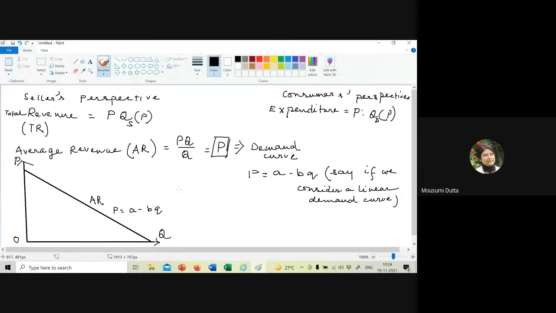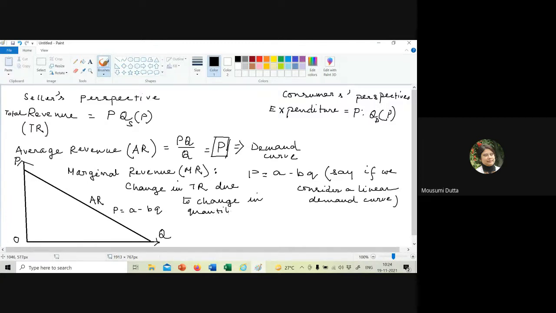Now there is another concept called marginal revenue, MR. MR is the marginal revenue.